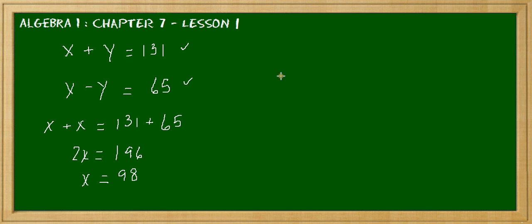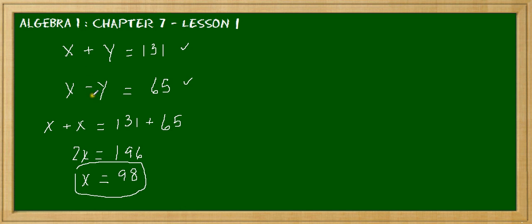Now, let's take a look again and say we can replace x by 98 in either of the original equations. Remember, we have two equations over here. Let me get my pen back and explain to you. We have x plus y is equal to 131. Now we know what the value of x is already because we've determined that down here. So we have x is equal to 98.